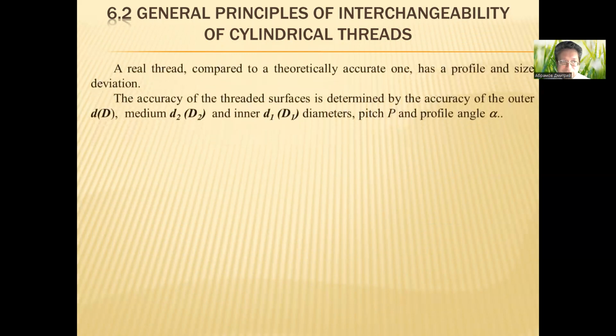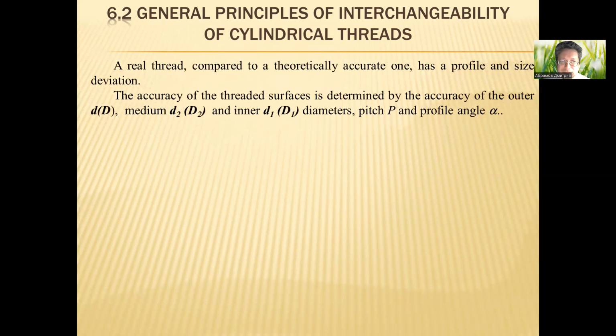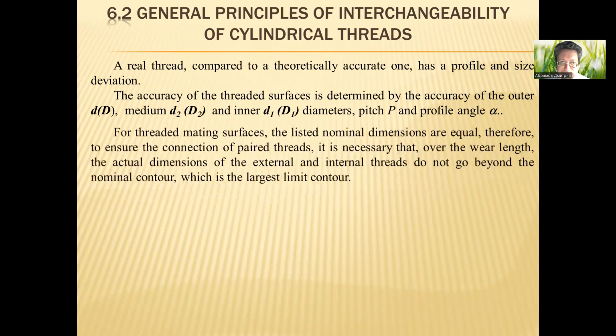Item 6.2. General principles of interchangeability of cylindrical threads. A real thread, compared to a theoretically accurate one, has profile and size deviations. The accuracy of the threaded surfaces is determined by the accuracy of the outer, medium, and inner diameters, pitch, and profile angle alpha.